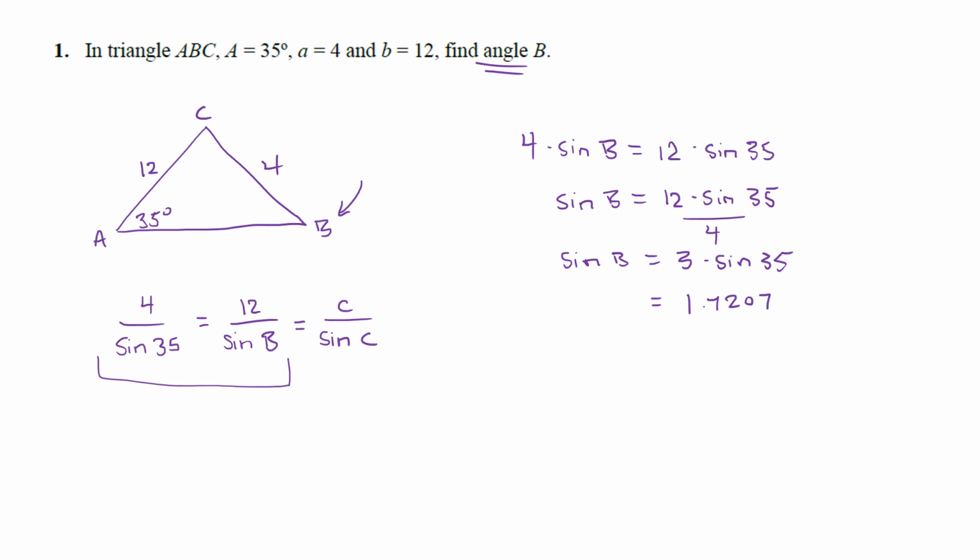So this is saying that the sine of B, which we don't know, equals 1.7207. Now we know this value is greater than 1. But when you're taking the sine of any angle measure, its value is going to be between -1 and 1. And since this value is larger than 1, no triangle exists that fits these conditions.